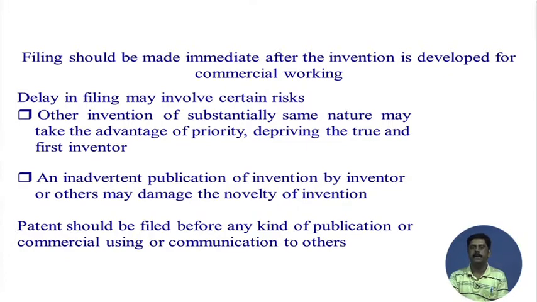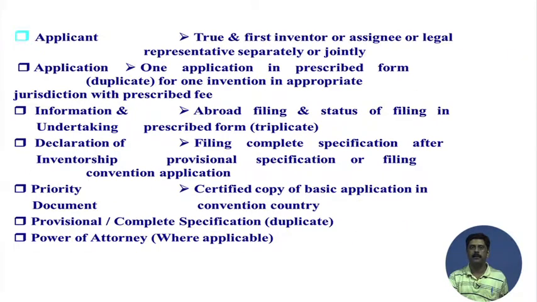So I will suggest you should go and file a patent application whenever you think your invention has some commercial potential, even if the invention is not complete in all respects. You may require some time to complete the invention, but don't wait for that. You should proceed and file the patent application using the provisional route. Okay, because inadvertent delay by the inventor may damage the novelty of the invention.